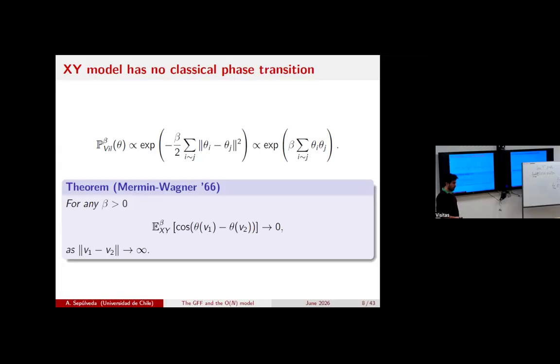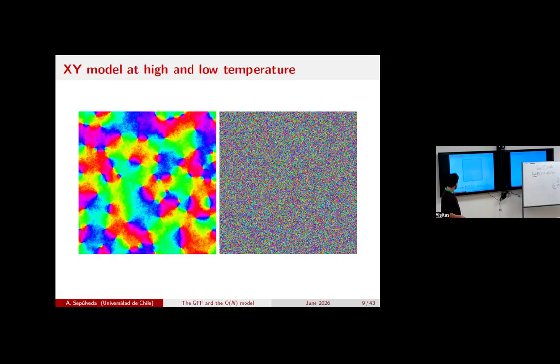Okay, so just let me show you one image before the question is answered. So this is the XY model at high temperature and at low temperature. So anyhow, at least they look qualitatively different. And we are going to discuss why this is the case.